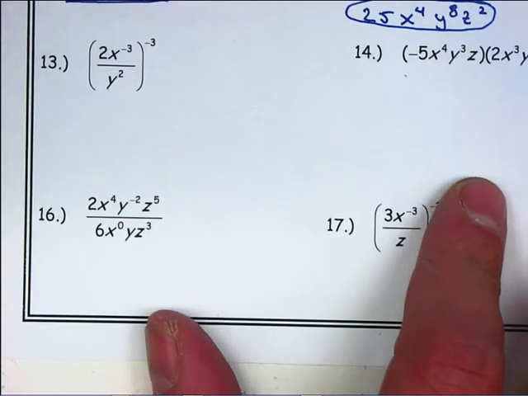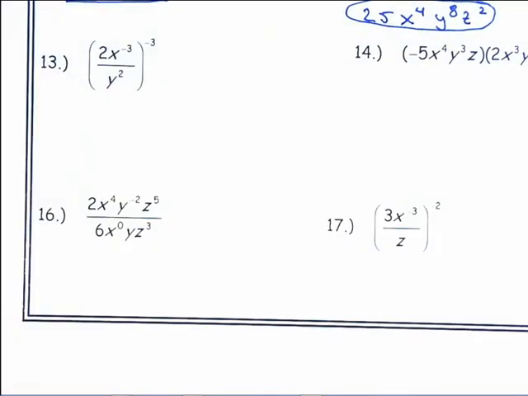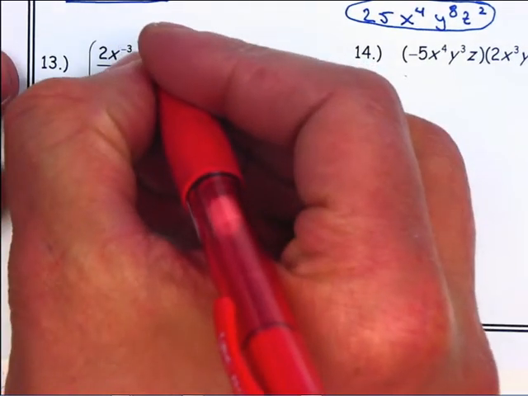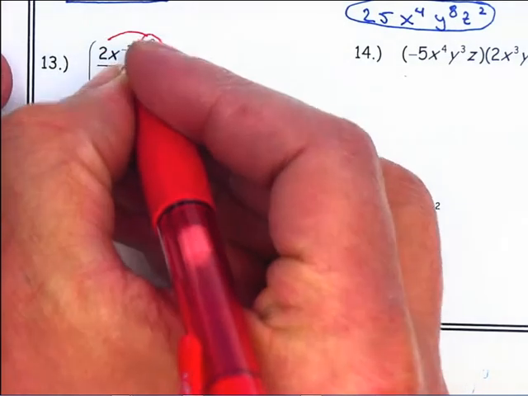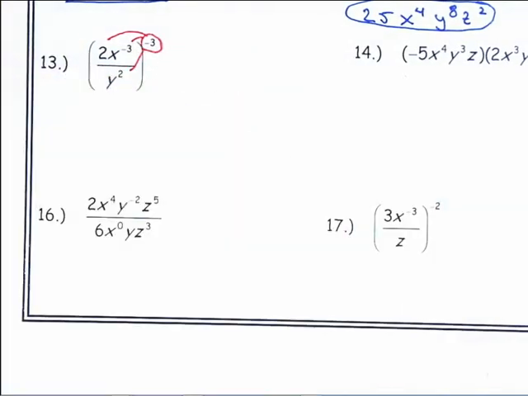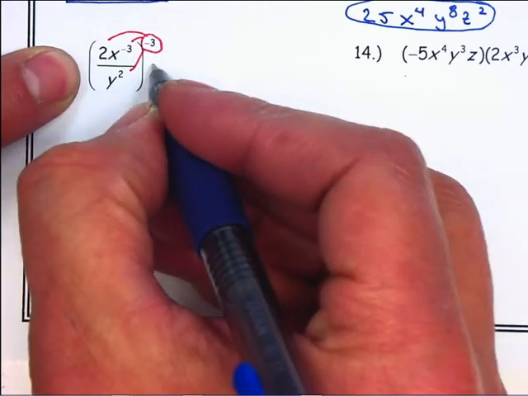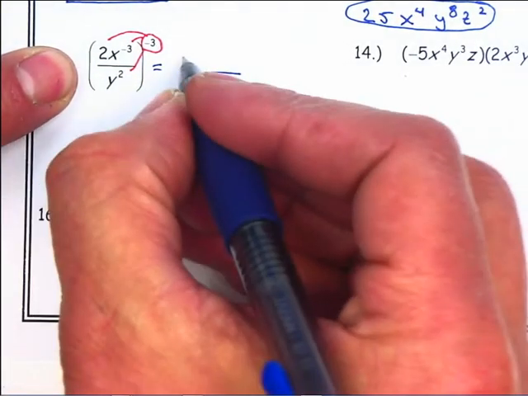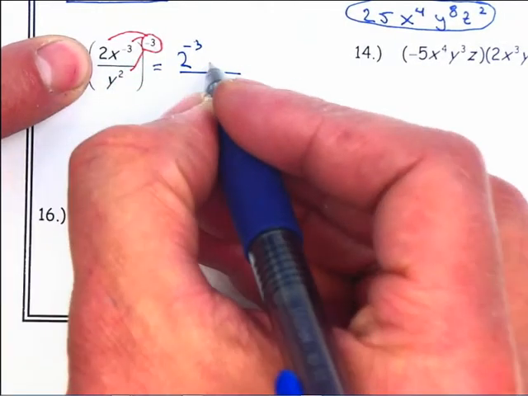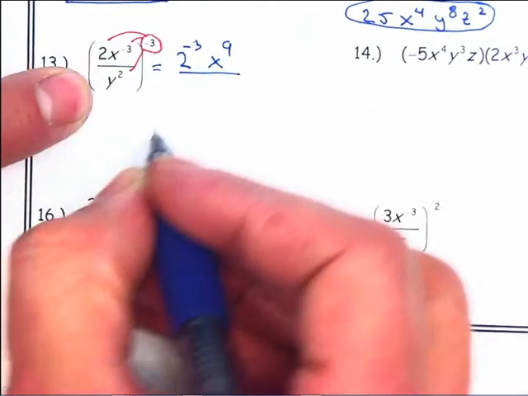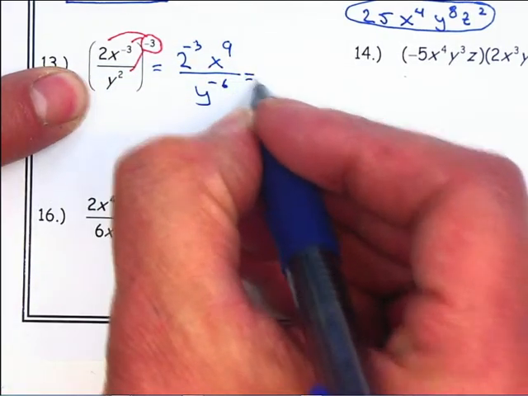Number 13. For number 13, we have a negative exponent outside the parentheses, so we're going to multiply it to each one of them. Now remember that you're not going to multiply the number by the exponent. It's just going to take over the number. So it'll be 2 and negative 3. Negative 3 times negative 3 will be 9, and negative 3 times 2 will be negative 6.